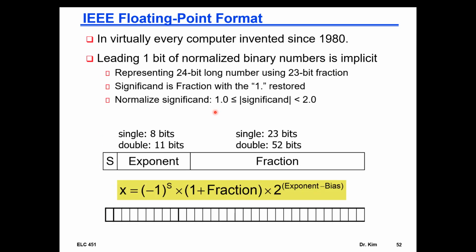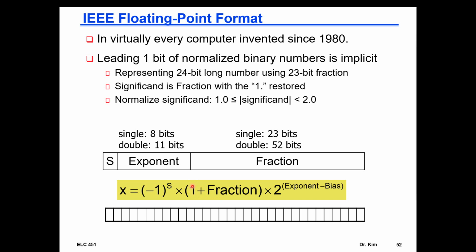So let's take a very detailed look at how the format works for both single and double precision. So imagine that this is the word, the data path word, and it is either 32 bits or 64. The most significant bit is always the sign bit. If it's 1, the number is negative. If it's 0, the number is positive. Then you have 1 plus the fraction, so that gives you the 1 point something.